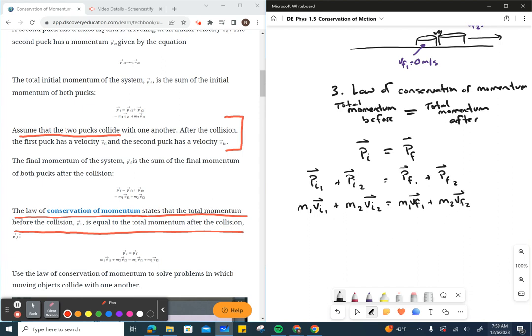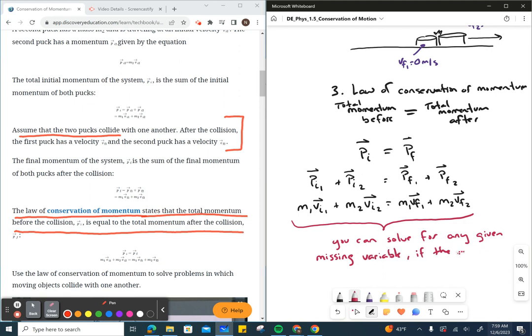Okay, so here's the key. Remember, we've been talking about algebra. You can solve for any given missing variable if the other variables are provided to you.